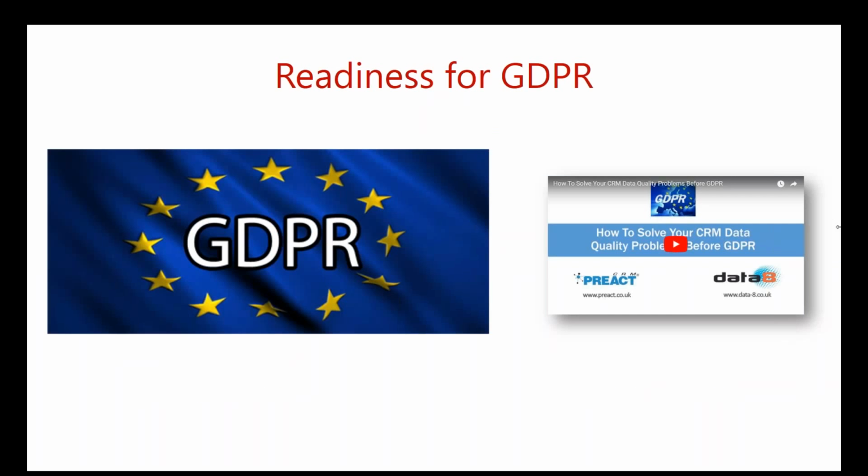In a recent webinar with Data8, we talked about a series of CRM data quality challenges and the importance of addressing these before the General Data Protection Regulation, or GDPR, comes into force in May 2018. A major obstacle to better data quality that featured prominently in this earlier session is duplicated records.